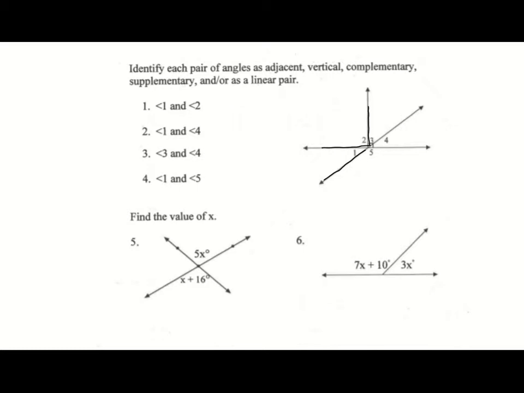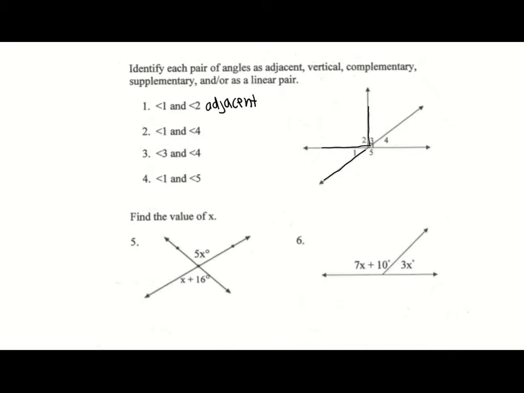Right away, I know these two angles share a common side and vertex, so those are adjacent. They do not add up to 90 or 180, so that rules those out. And if they're adjacent, they're not vertical. So that is my only answer for number 1.